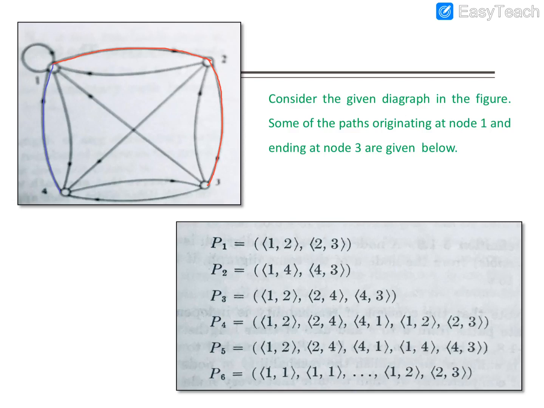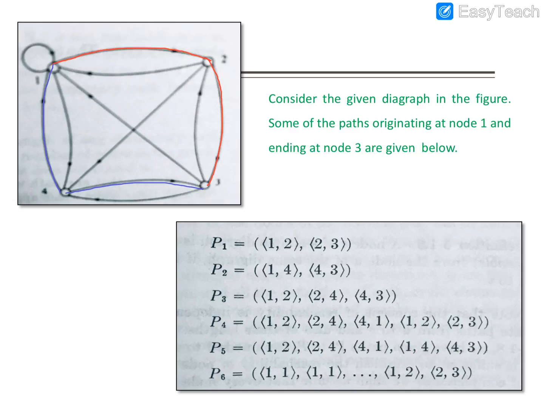The next path is 1, 2, 2, 4 and 4, 3. Another path P4 is 1, 2, 2, 4, 4, 1, 1, 2, 2, 3. The fifth path P5 is 1, 2, 2, 4, 4, 1, 1, 4, 4, 3.